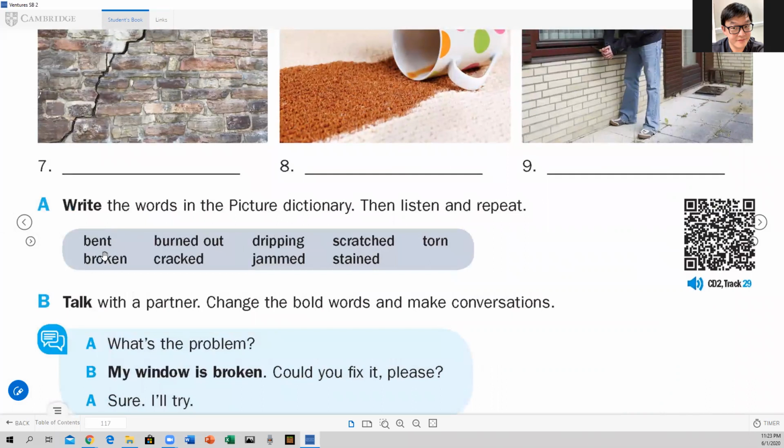Repeat after me. Bent, broken, burned out, cracked, dripping, jammed, scratched, stained, torn.